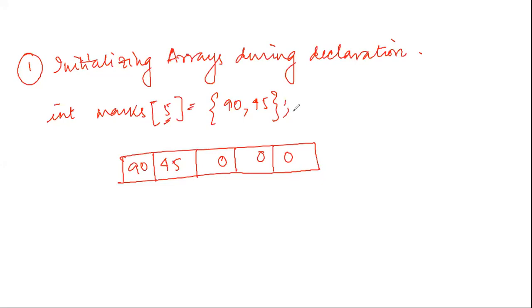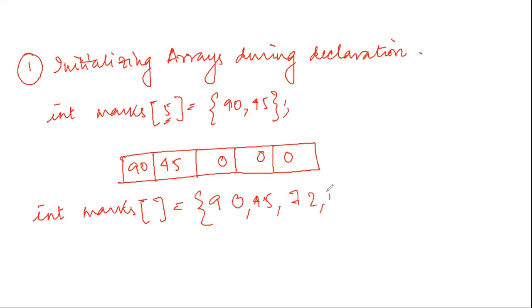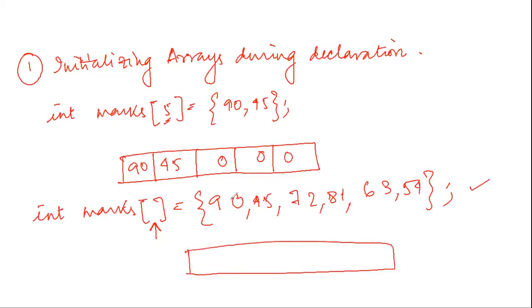Okay. Next, another form of declaration can be this. When you are initializing in the declaration statement only, you can also write like this. If you notice, I have entered 6 elements, but I have left the maximum size blank. This type of writing is also legal. It means the array size will be the number of elements entered only.